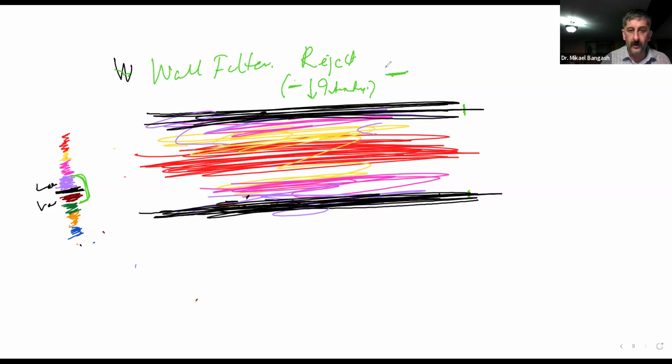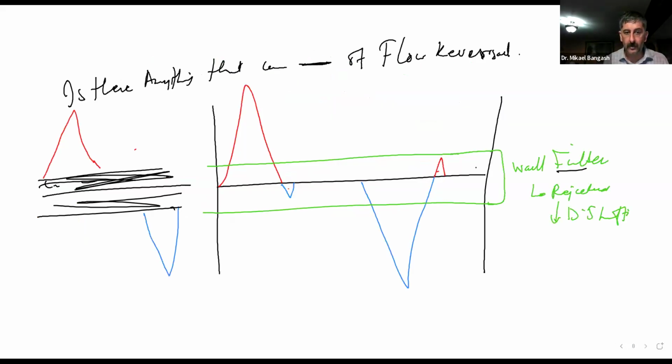The wall filter eliminates or gets rid of the low Doppler shift frequencies. And where do we find those low Doppler shift frequencies? On a color map, the colors right adjacent to the baseline. Where do we have our low Doppler shift frequencies on a spectrum?